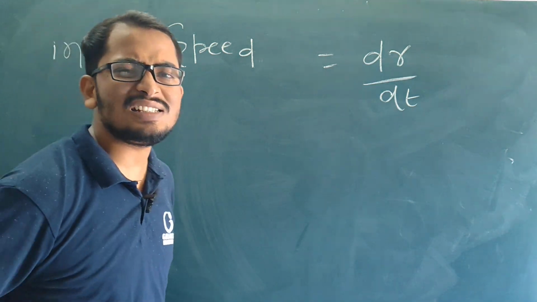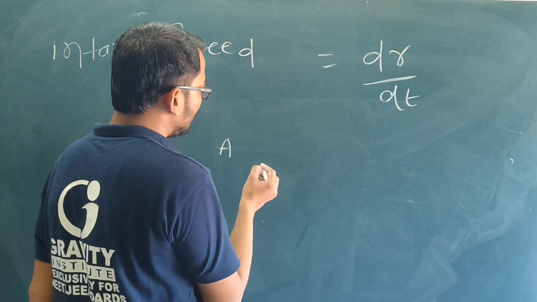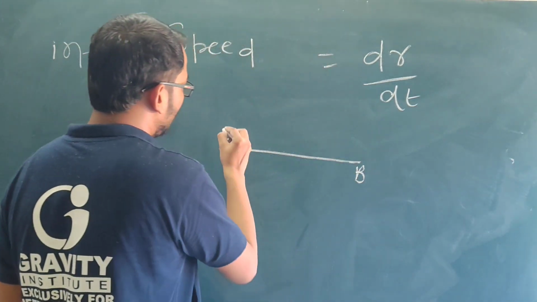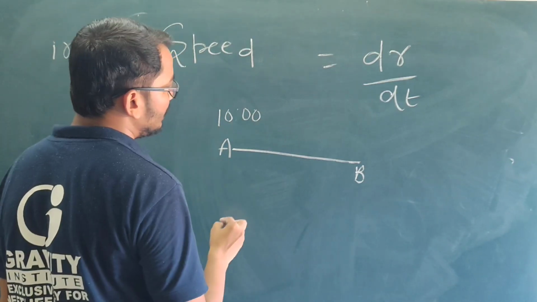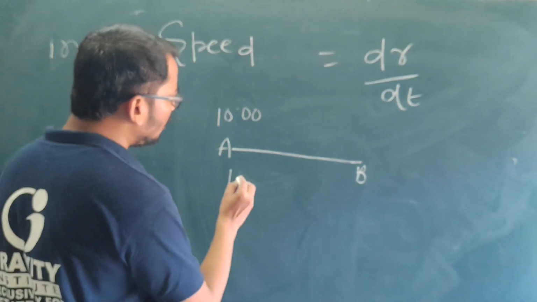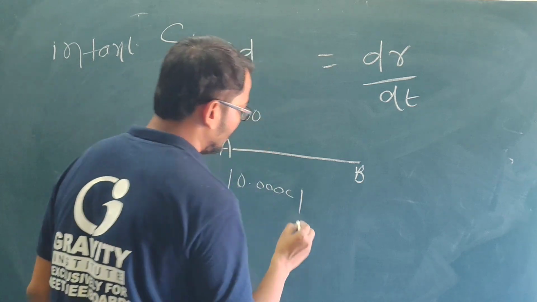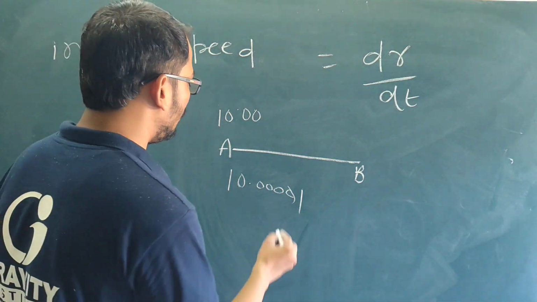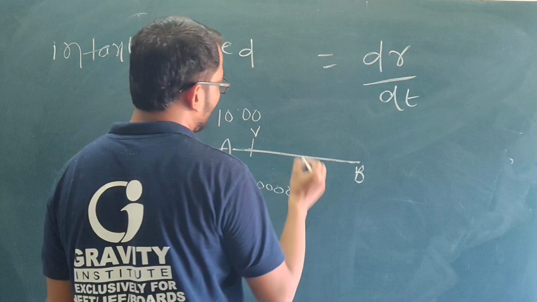What is the meaning of instantaneous speed and velocity? Suppose a particle is moving in a straight line from A to B. Suppose at 10 p.m. the particle is at A. If I ask what the velocity is after a very small time, say 3.00001 seconds, the velocity will change very little.